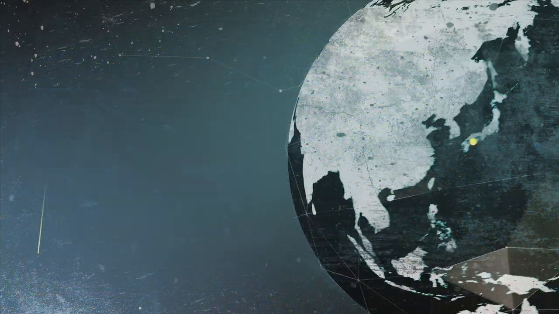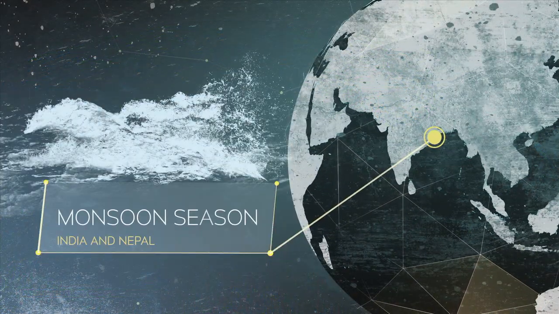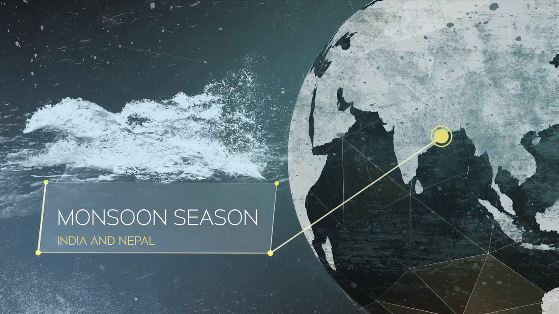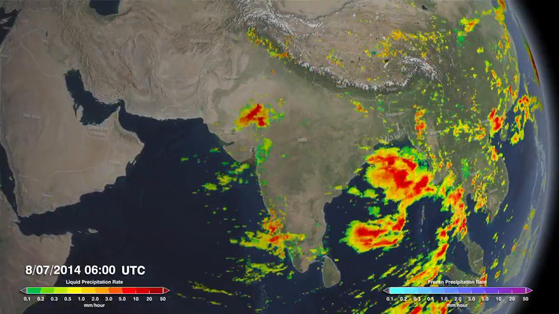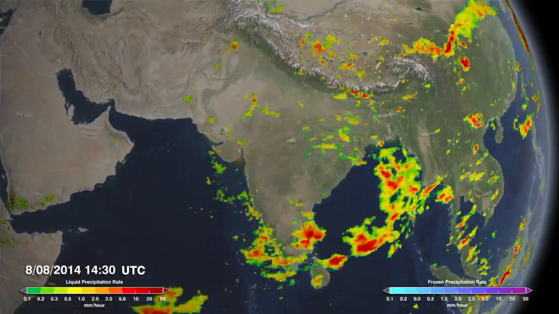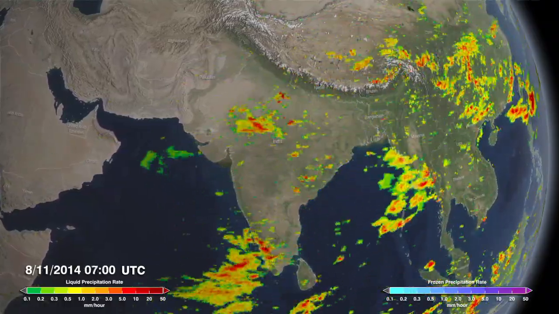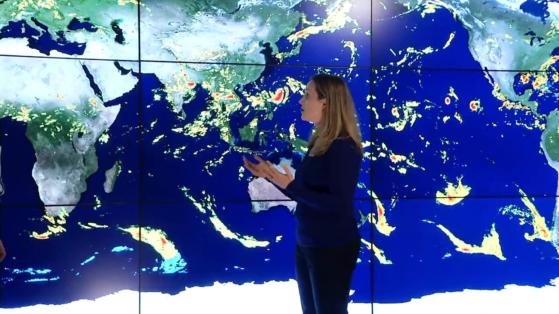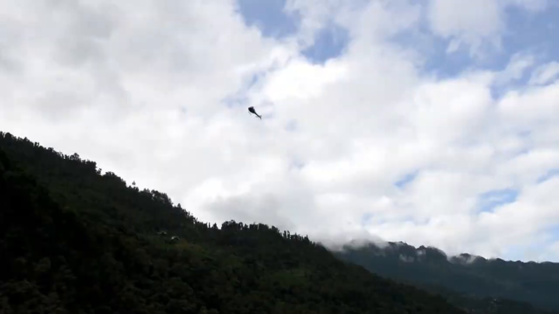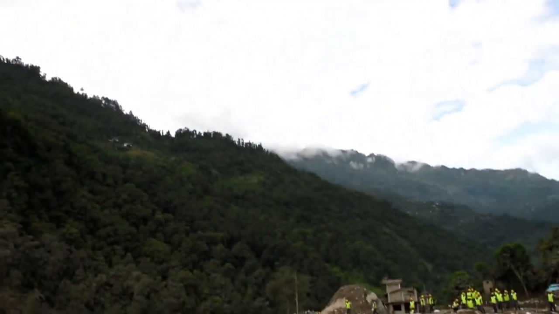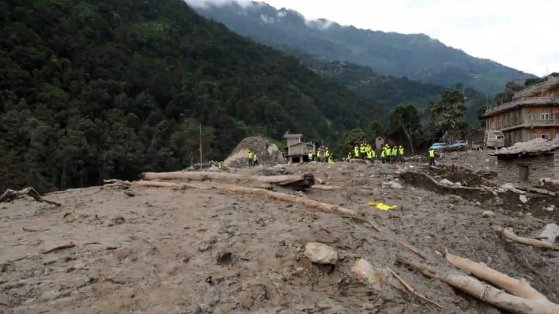As we head south through Asia, seasonal rains drench India and its surrounding areas. One of the things that we can observe about this data set is where and when rain is happening. And by being able to see, for example, this huge cluster of storms from the monsoons, we can understand where we might get heavy rainfall that leads to landslides and flooding. In fact, what we observed during this time is a landslide that caused 150 fatalities.